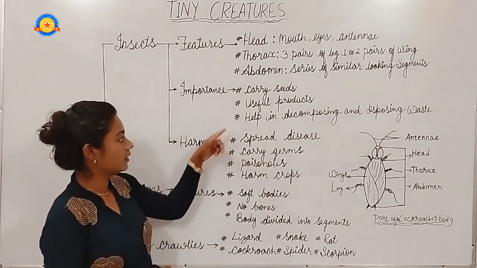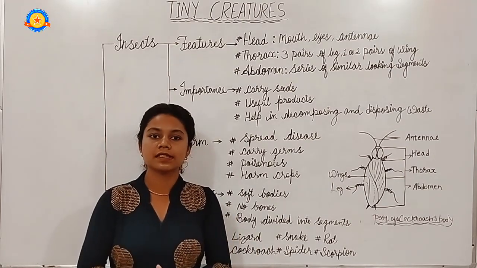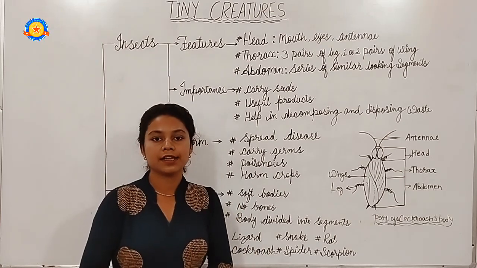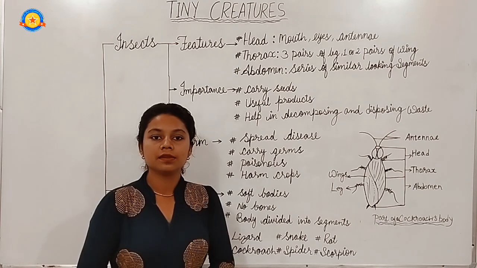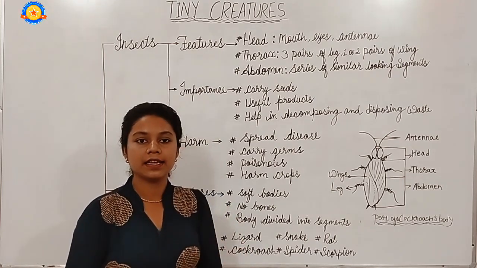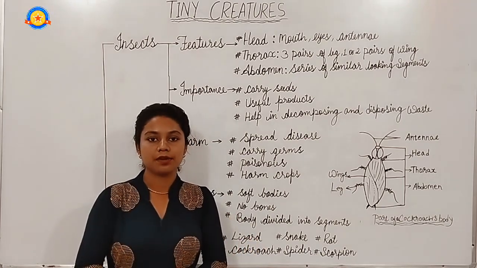Next, many insects are omnivorous. That means these insects take a variety of food, like plants, dead animals, fungi and decaying organic matter, or nearly anything they encounter in the environment.